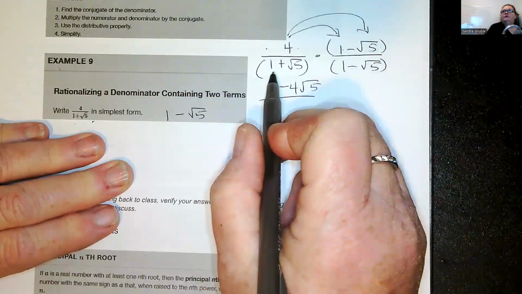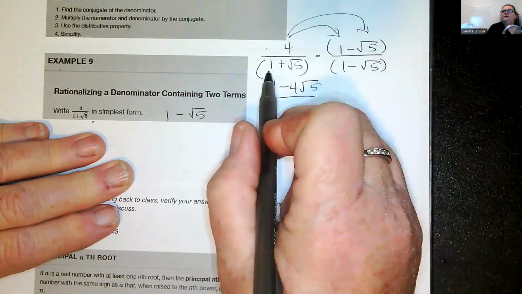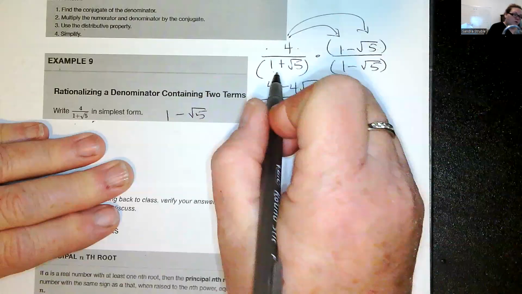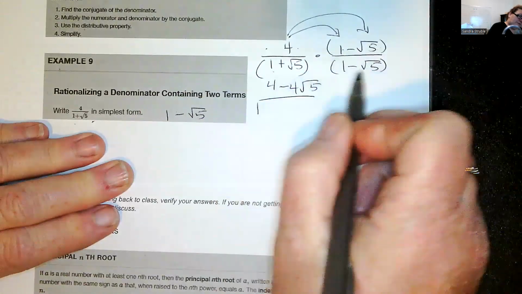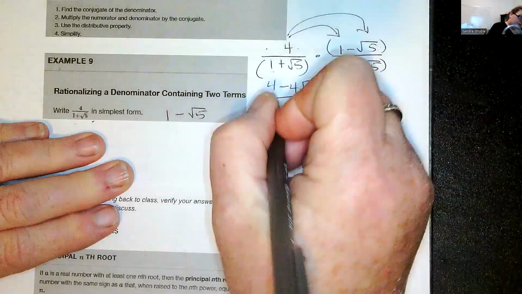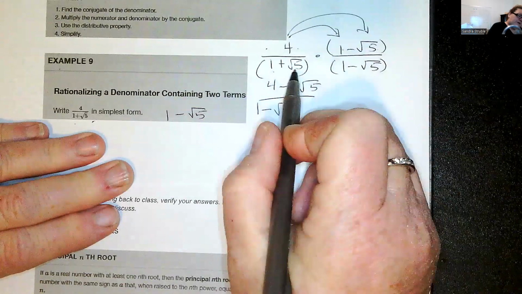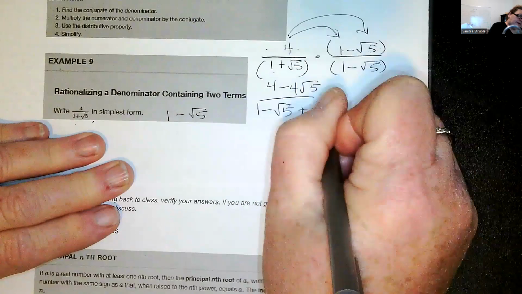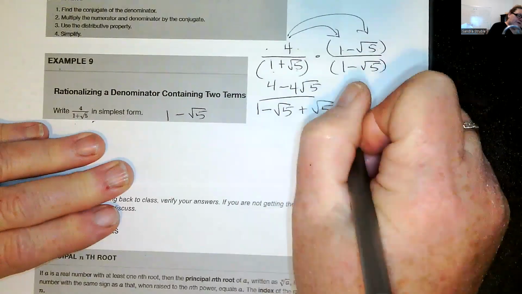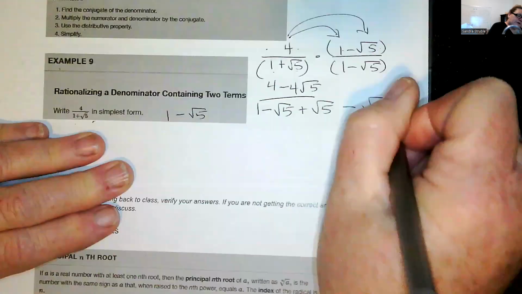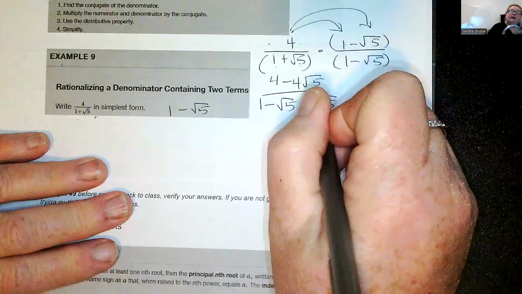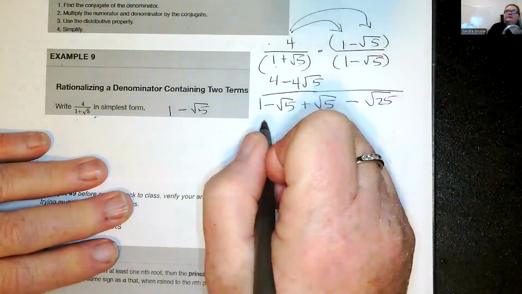Now for the denominator, you can go 1 times 1, 1 times negative square root of 5. So 1 times 1 is 1. 1 times the negative square root of 5 is negative square root of 5. And then square root of 5 times 1. And square root of 5 times negative square root of 5 is negative square root of 25. Okay. All right, let's combine like terms. The numerator stays as it is.